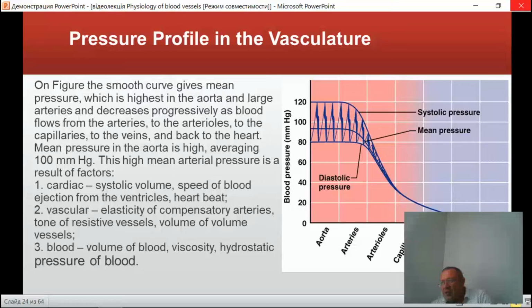This higher mean arterial pressure is a result of several factors. Cardiac factors, like stroke volume, speed of blood ejection from the ventricles, and heartbeat.